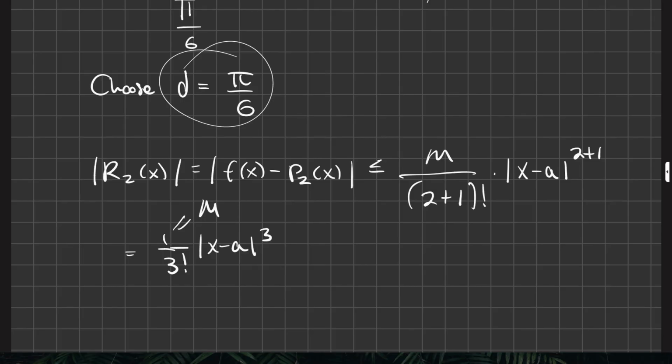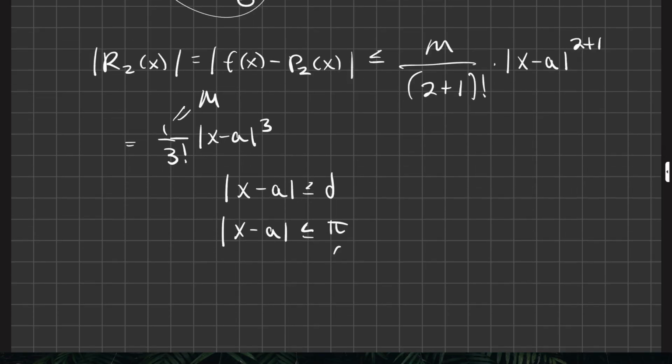Very straightforward. So since the interval that we're given is 0 to pi over 3, we know that this is true, that the absolute value of x minus a is less than or equal to d. In other words, x minus a is less than or equal to pi over 6. We found lowercase d to be pi over 6.